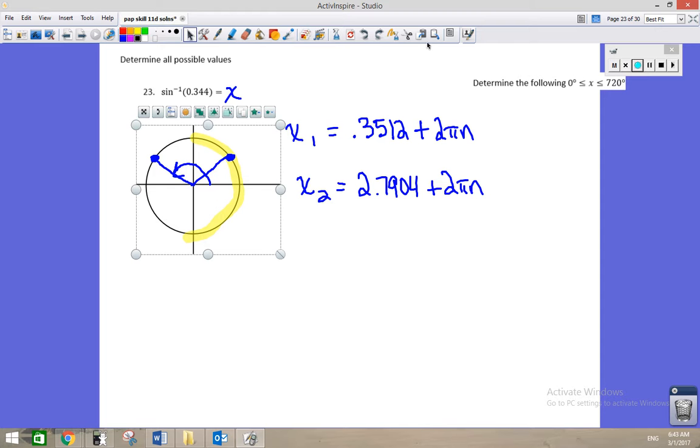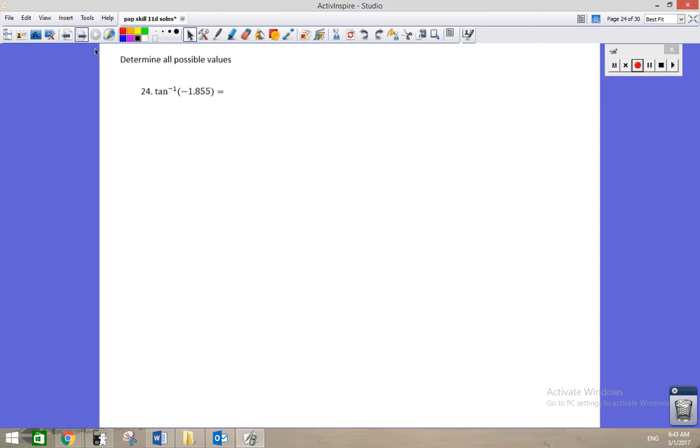Let's steal our unit circle. All right, now, like I say, we're trying to find a ratio for tangent of point y divided by x with this negative 1.855.